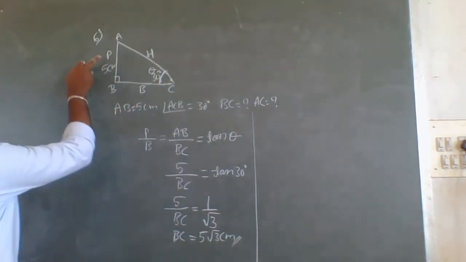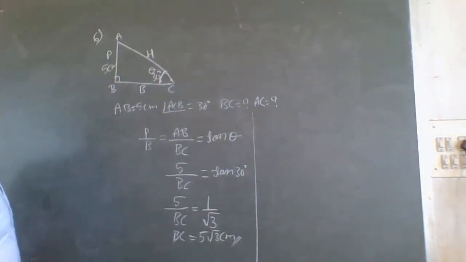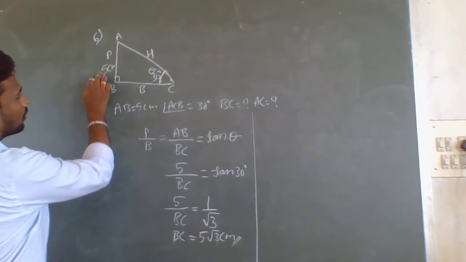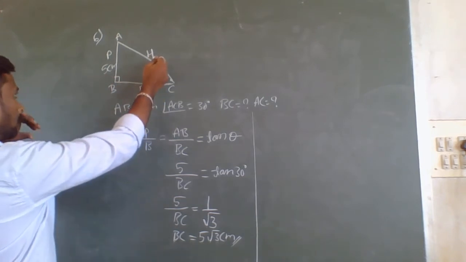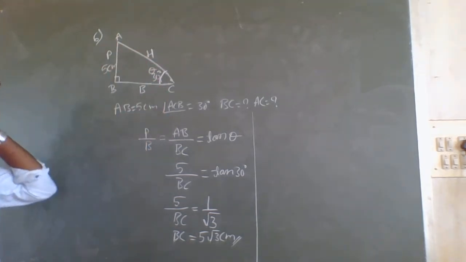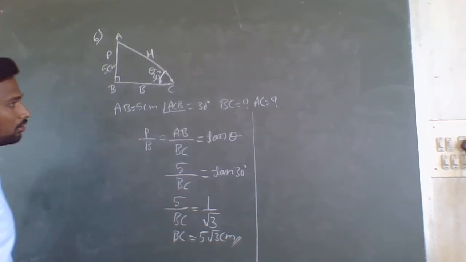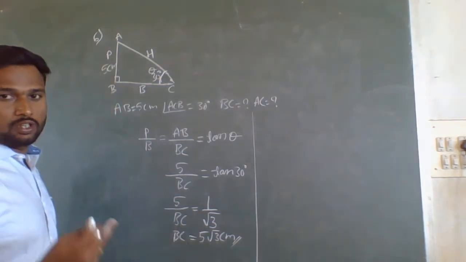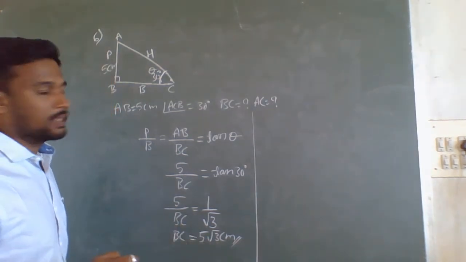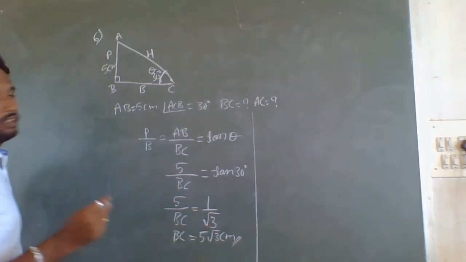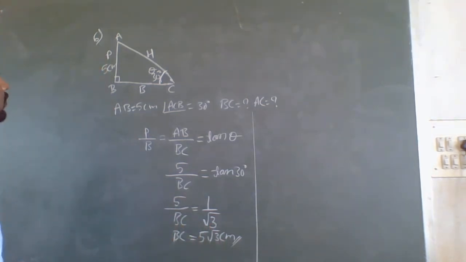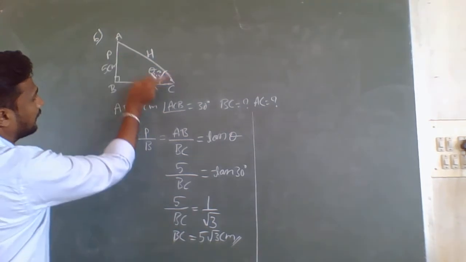So now we got the length of AB and BC also. Either you can use Pythagoras theorem, because we got the length of two sides, so by using Pythagoras theorem we can calculate the hypotenuse value, or again you can use one trigonometric ratio where it is involving this side AC.